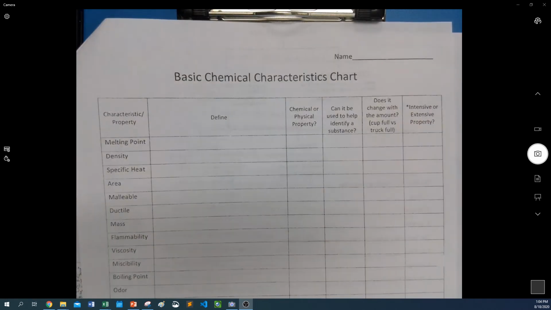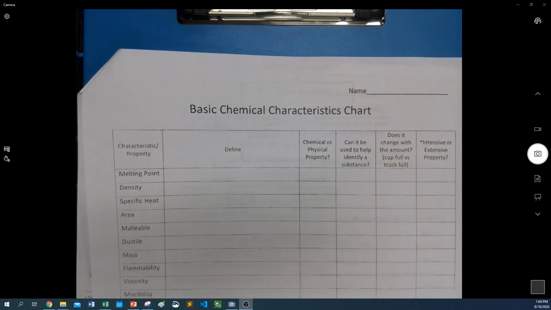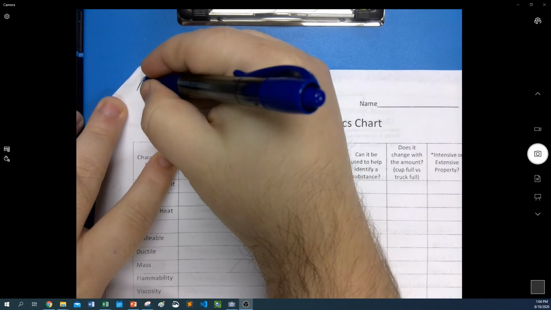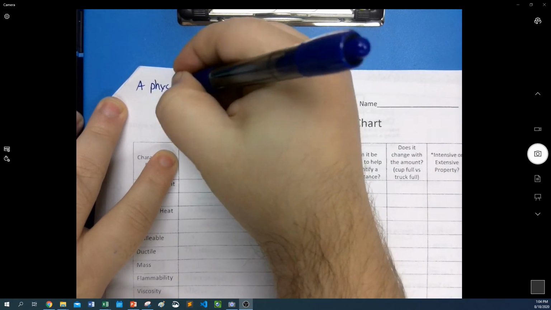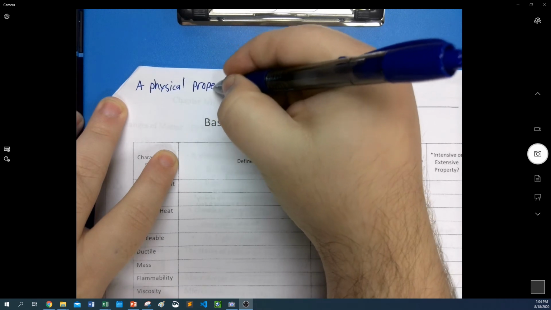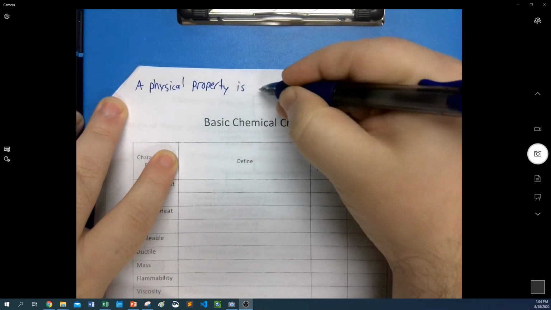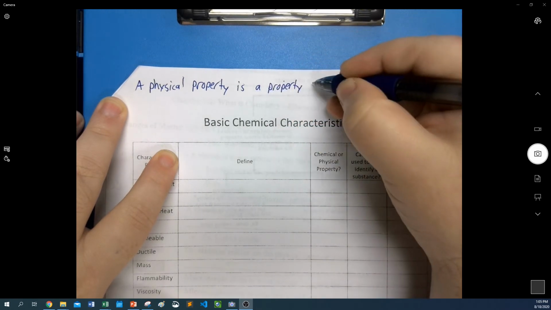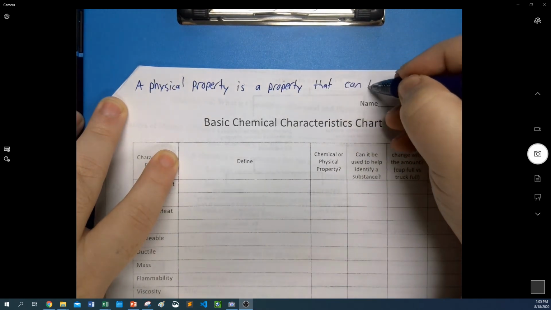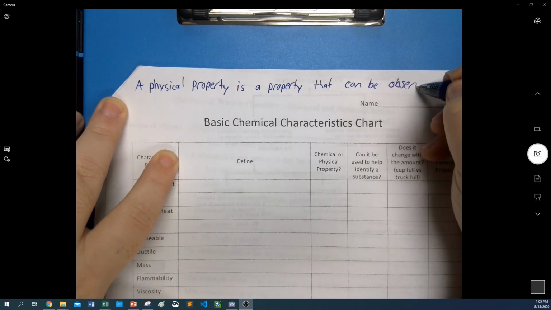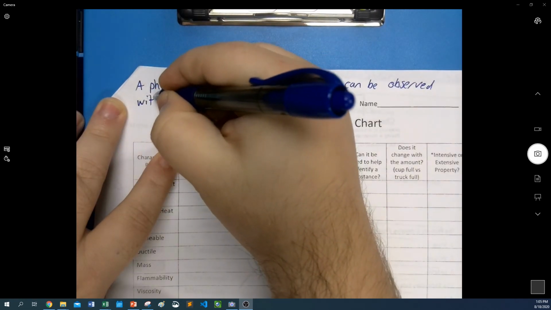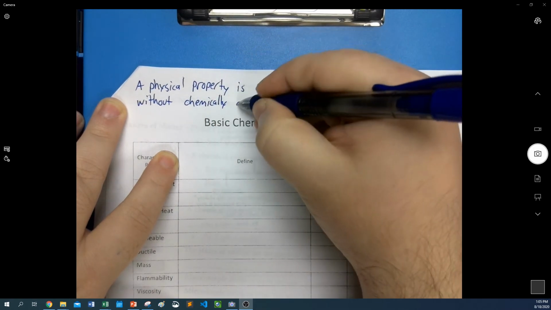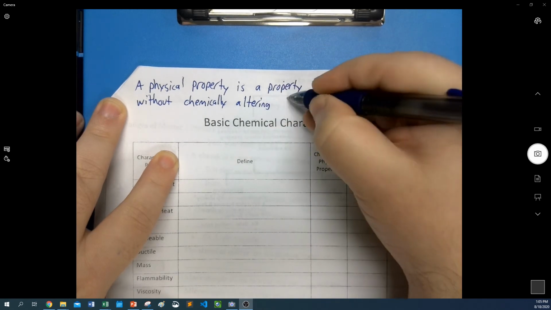So, melting point. First, before I go into this, let me give y'all a definition. A physical property is a property that can be observed without chemically altering the substance.